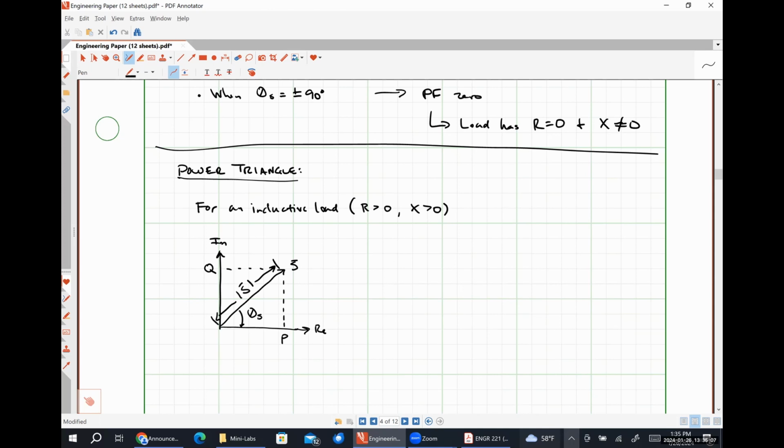So effectively, S is equal to V times I conjugate, which can be expressed as P plus JQ, or the magnitude of S at an angle. That's the power triangle.